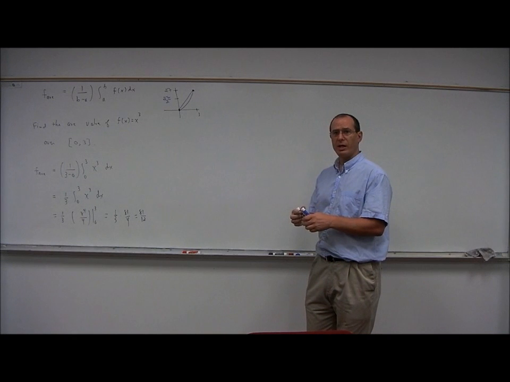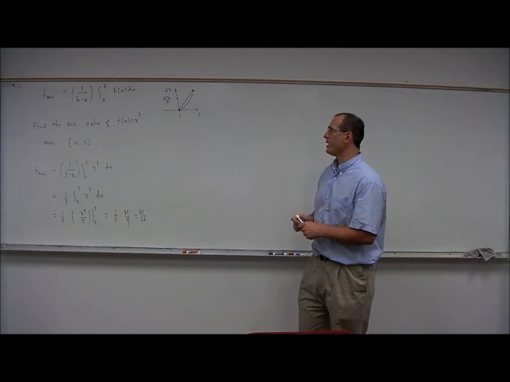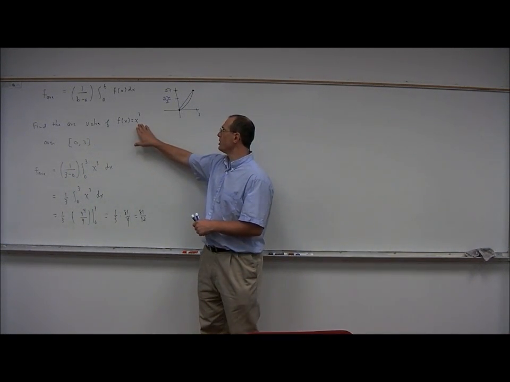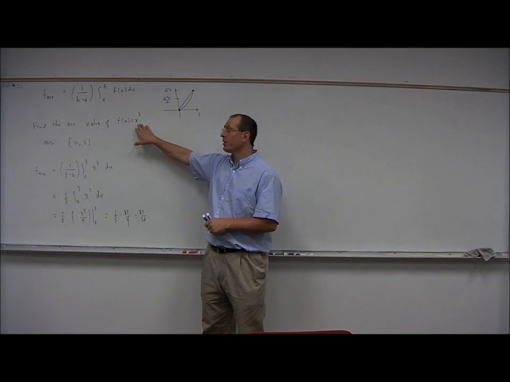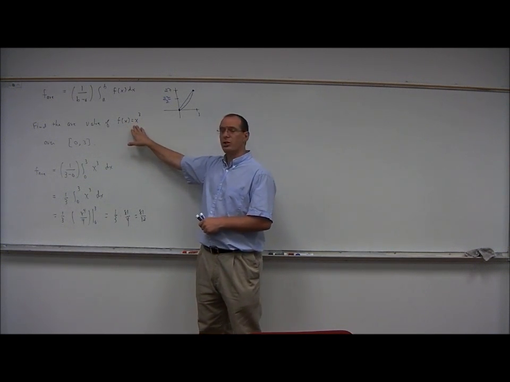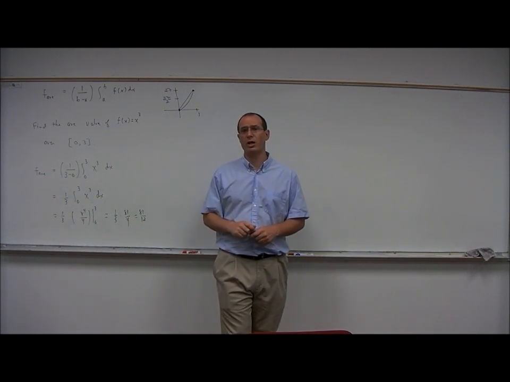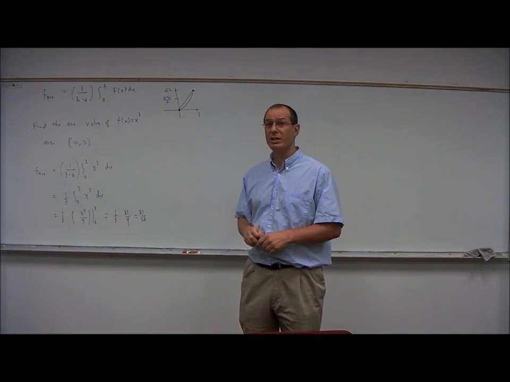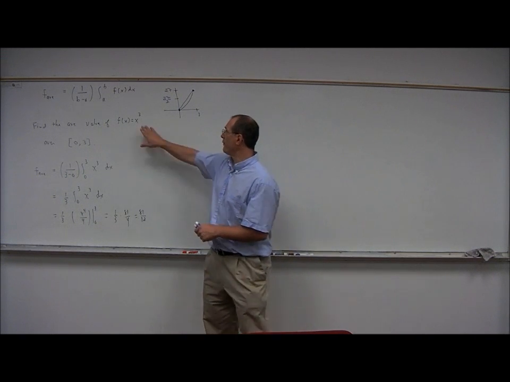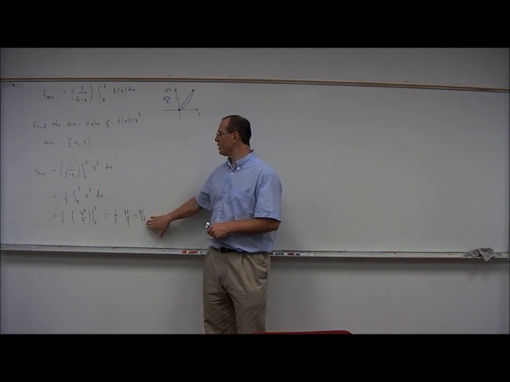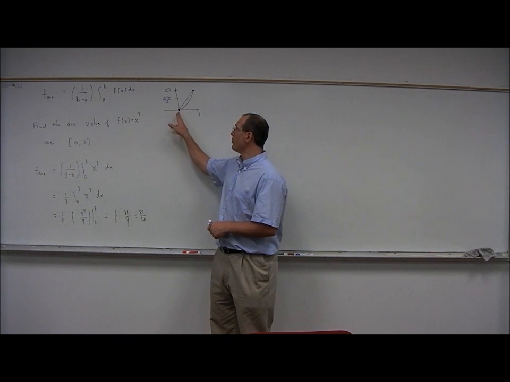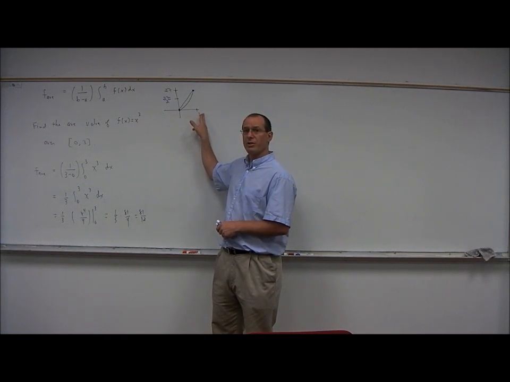One other thing we could do in this situation is ask, where does our function take on its average value? Our function f of x equals x cubed is continuous over the interval from 0 to 3. And so a theorem called the mean value theorem for integrals says that our function will actually equal its average value somewhere in the interval from 0 to 3.